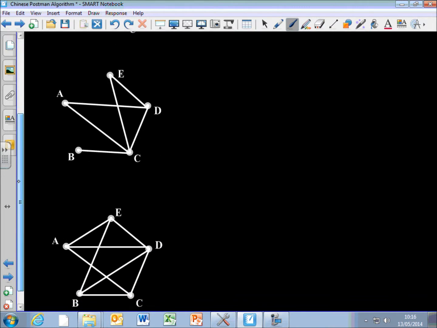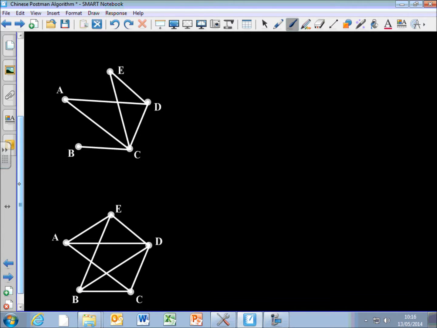So we're going to have a look at this next one now, and see if we can do the same thing. I'm going to start at E, and we'll go E to D, D to C, and then C to A, and then we've got a problem because I can only go A to D now, and if I'm at D I have to go over an edge again. So let's see if I can do this another way.